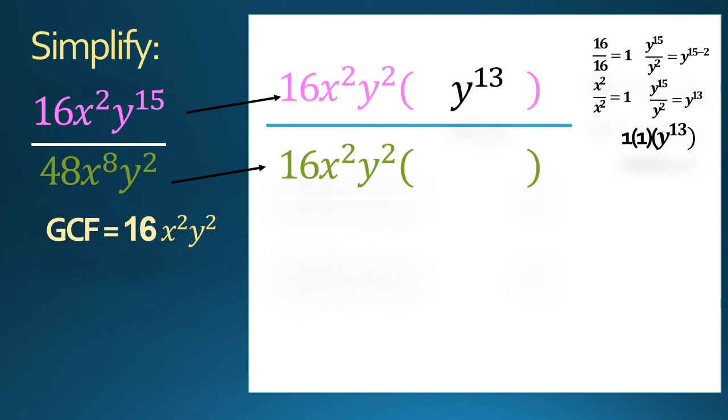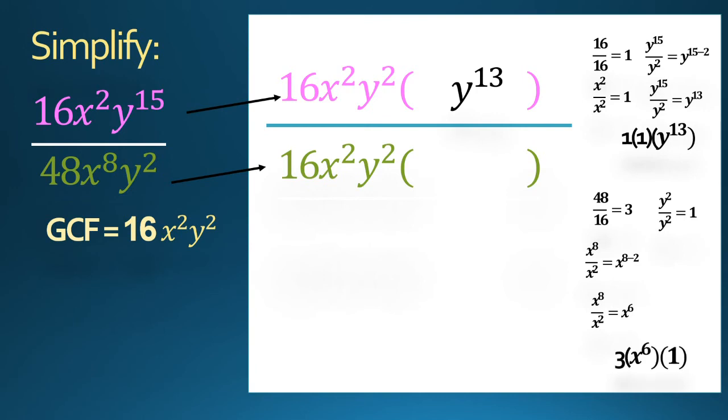Next, divide the denominator by the GCF by starting with 48 divided by 16. 48 divided by 16 is equal to 3. Then x raised to the 8th power divided by x squared is equal to x raised to the 8th minus 2. So that's x raised to 6th. Then y squared divided by y squared is equal to 1.